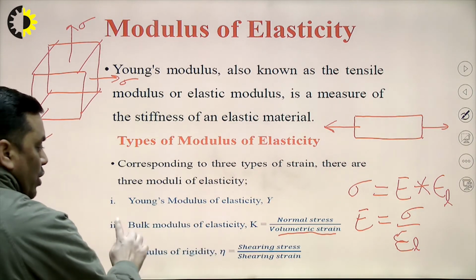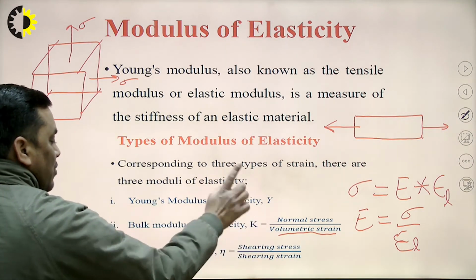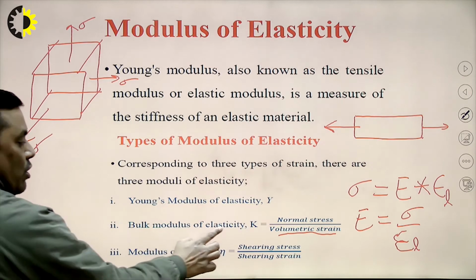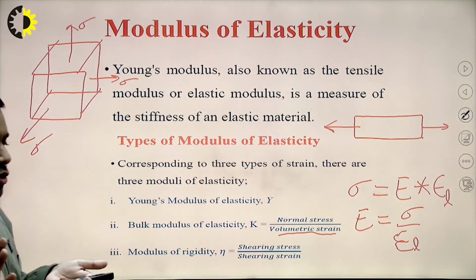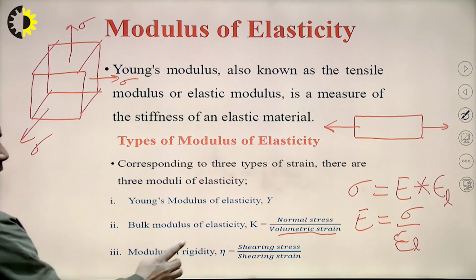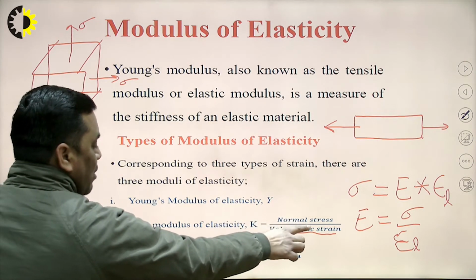So, whenever I am talking about the change in volume and normal stress, the elastic constant will be the bulk modulus. Bulk is related to volume. That is why it is the ratio of normal stress and volumetric strain.